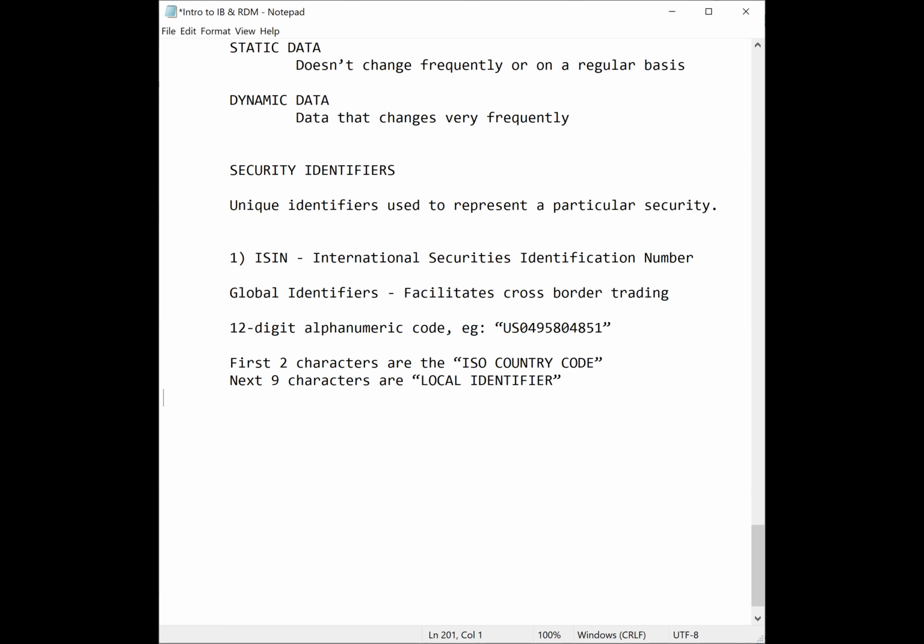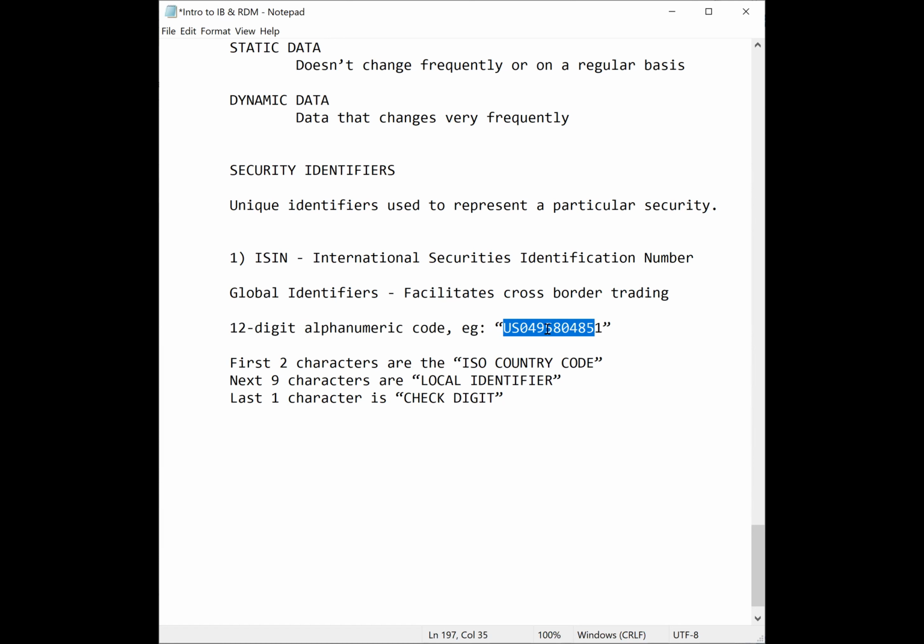And the last digit is the check digit. This digit is algorithmically created based on the previous 11 characters, just to make sure that there are no fake ISIN numbers floating around.